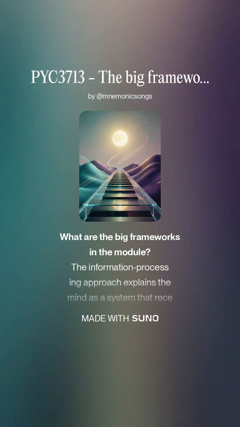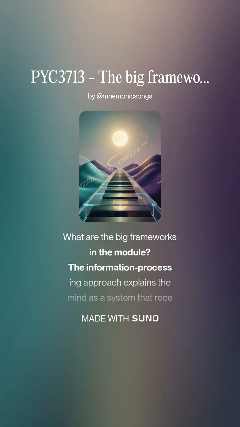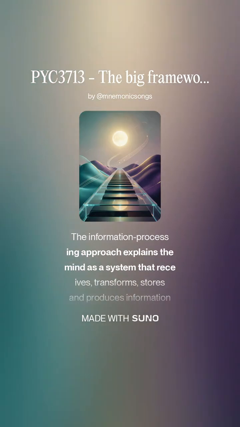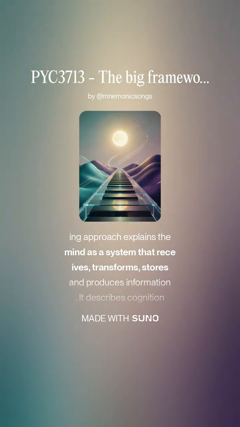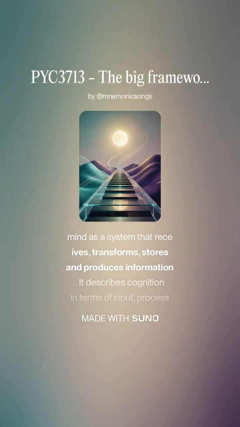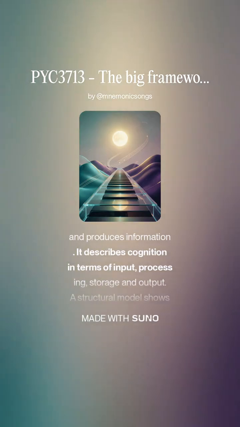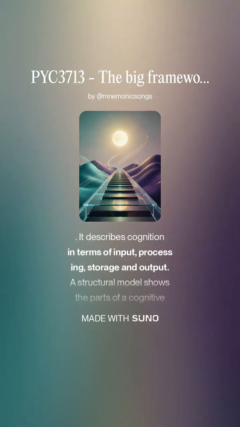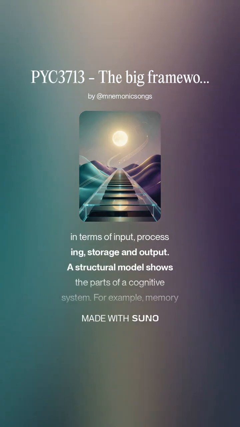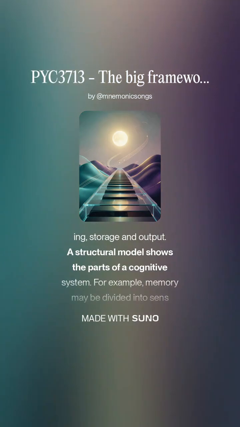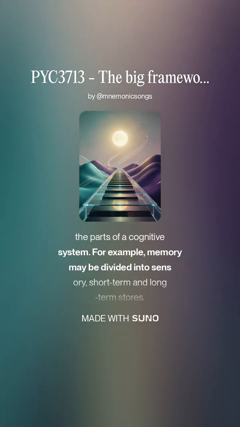What are the big frameworks in the module? The information processing approach explains the mind as a system that receives, transforms, stores, and produces information. It describes cognition in terms of input, processing, storage, and output. A structural model shows the parts of a cognitive system.